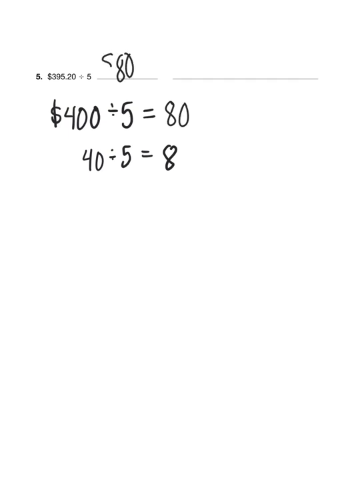That would be the nearest 10. Okay, so if we rounded this to $400 divided by 5, I know that 40 divided by 5 is 8, so that tells me that 400 divided by 5 must be 80. So my estimate is $80.